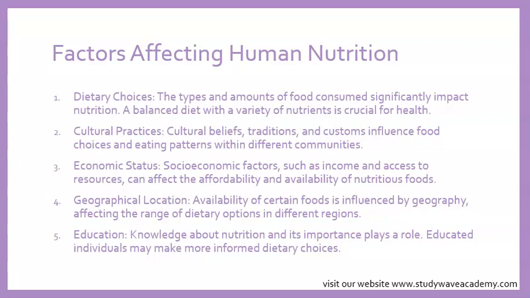Cultural practices. Cultural beliefs, traditions, and customs influence food choices and eating patterns within different communities. Family traditions and cultural practices influence the foods we eat. Okay? Cultural matters. Cultural practices influence the food people eat.